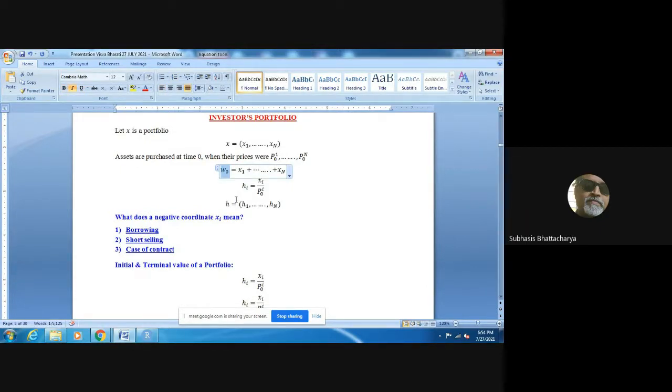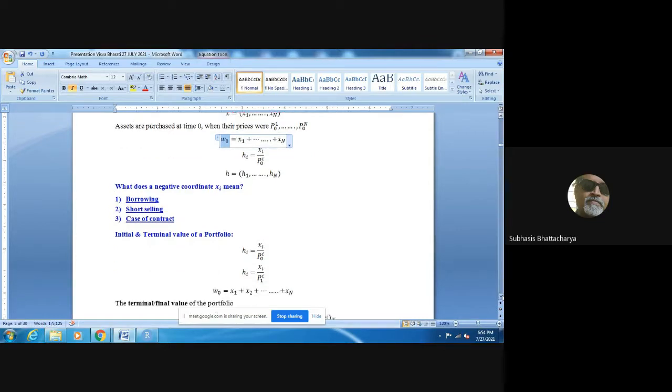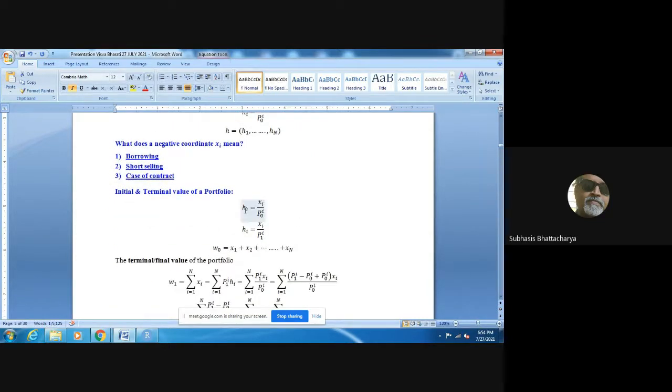Now, Xi is the investment in asset i. So the number of units of the physical asset I am purchasing with money amount Xi is Hi. Now, after one time period, suppose after 1 month or 1 day or 1 minute, whatever it may be, the price of asset i becomes P1i.